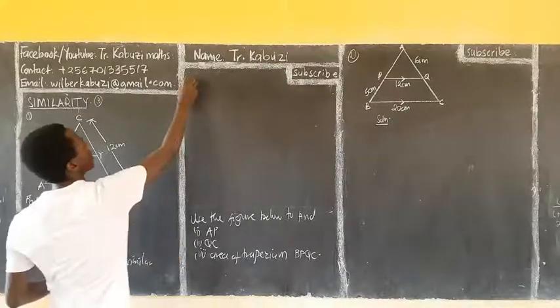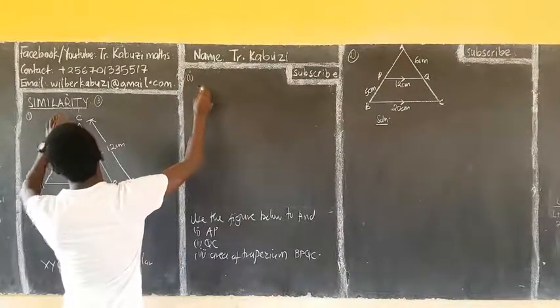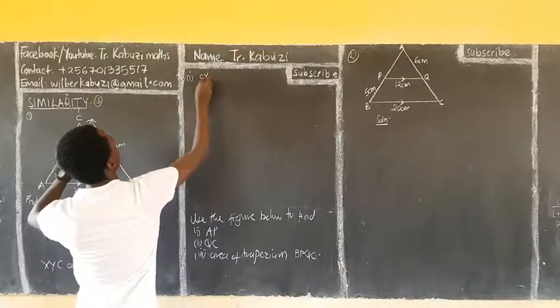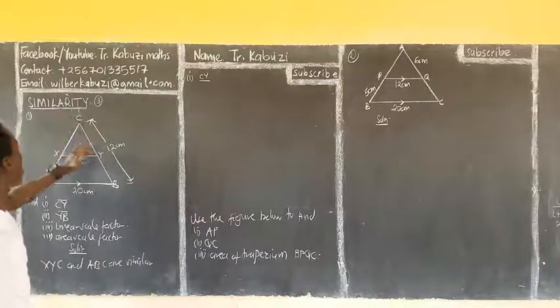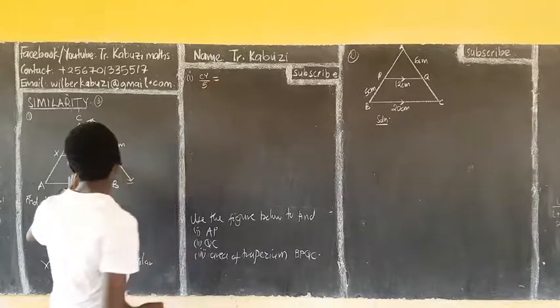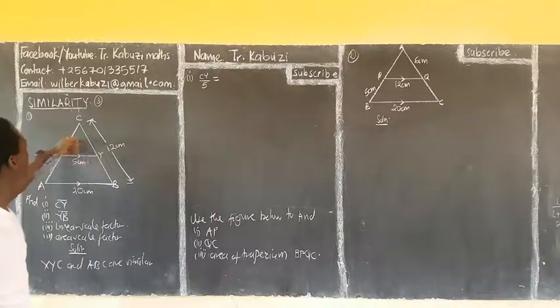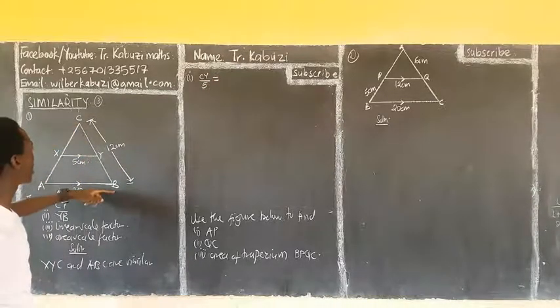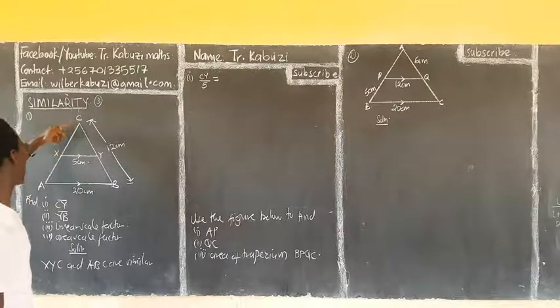Now, in number one, CY over 5 is going to be equal to 2. Now if we have used this, then we use also the big triangle here. So this triangle is similar to the old triangle.